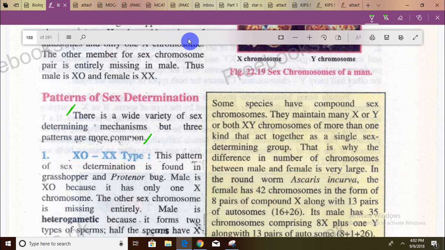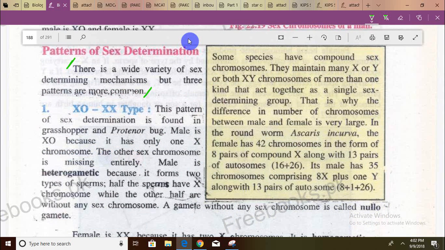And the male is XO because the male just has one X chromosome, doesn't have any other chromosome, and the other one is entirely missing. So the male is heterogametic because it forms two types of sperms. Half the sperms have the X chromosome while the other half are without any chromosome at all.